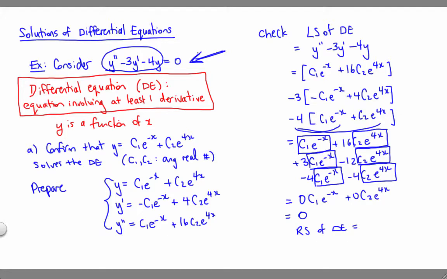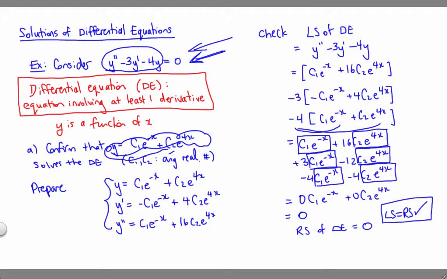So going back to our original DE here in the question, the right side was 0. And we're looking at this and we're saying, yes, left side equals right side. So that is what guarantees us that this function y that we started with does solve our DE, meaning it's a solution.